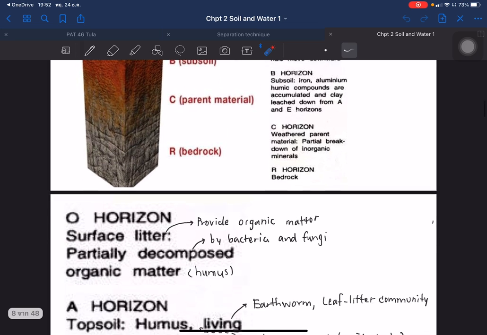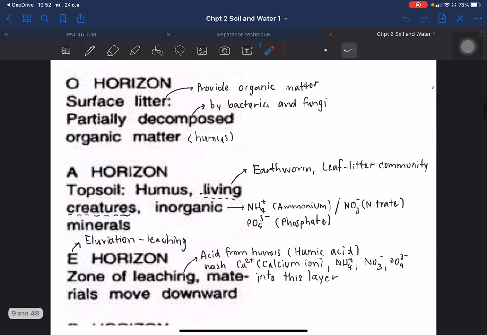The detail of each layer here. The O horizon here basically contains the surface litter that provides the organic matter, and it undergoes a decomposition process by the bacteria and the fungi. The bacteria and fungi basically secrete enzymes to digest the organic matter, and later it turns into the dark material in the soils we call humus.